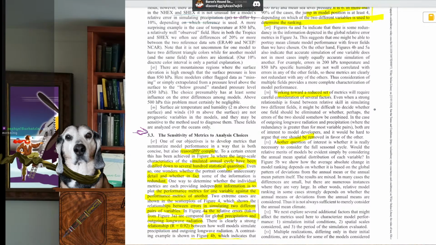Right. So, working towards a reduced set of metrics will require careful consideration of several factors, even when a strong relationship is found between a relative skill. It is difficult to decide whether one field should be eliminated or whether perhaps errors of two fields should be combined.